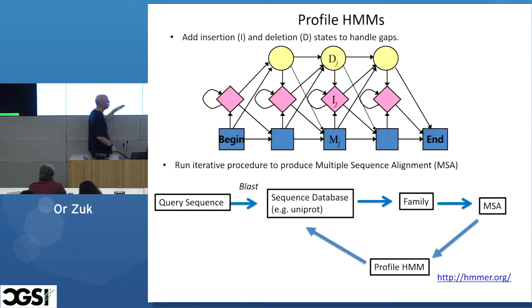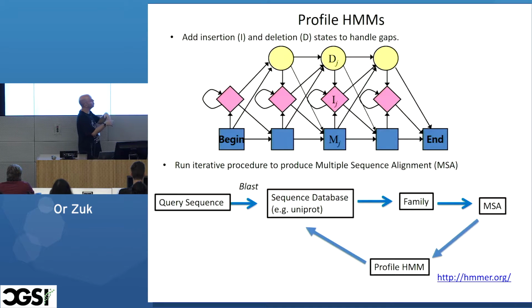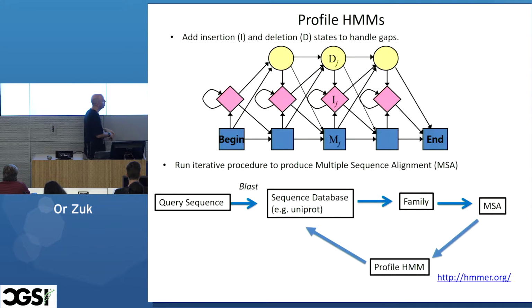And this gives you the initial family: the sequences that are more similar to your query. But now you can take this family, do a multiple sequence alignment, and build what's called a profile HMM, which now represents not your query sequence, but the entire family of sequences.